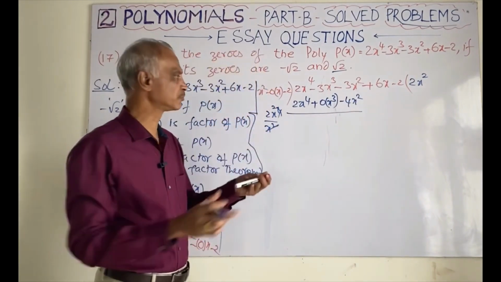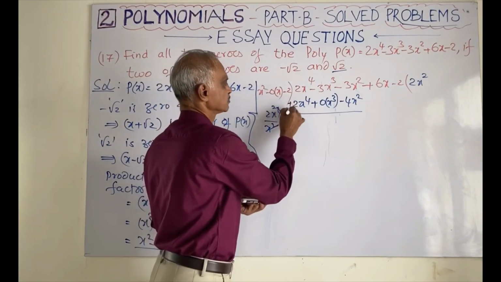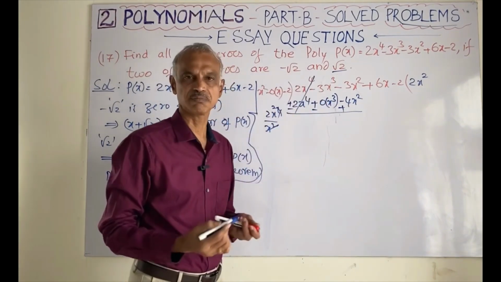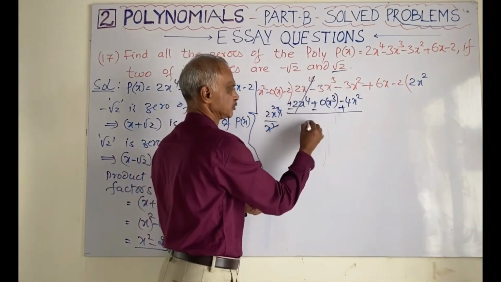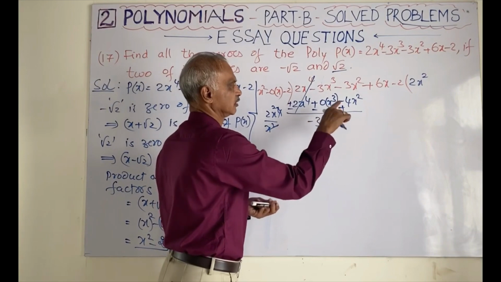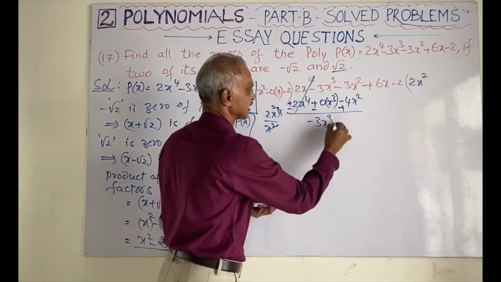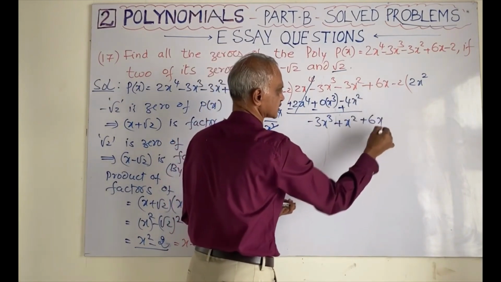I am subtracting this from this one; plus becomes minus, minus becomes plus. 2x to the power of 4 minus 2x to the power of 4 cancel. Minus 3x cube remaining, minus 3x square plus 4x square is plus x square. Take down plus 6x.